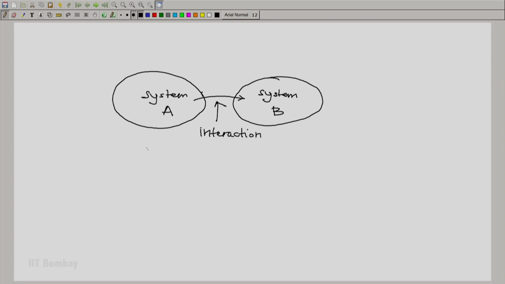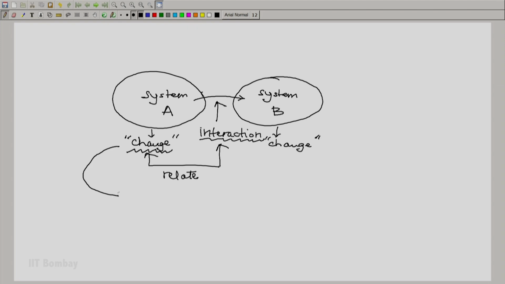And because of this interaction, there is a change in system A, and there will also be some corresponding change in system B. We have to relate this change to the interaction, and for this we will have to not only quantify the interactions properly, but we will have to quantify the change in the behavior of a system.